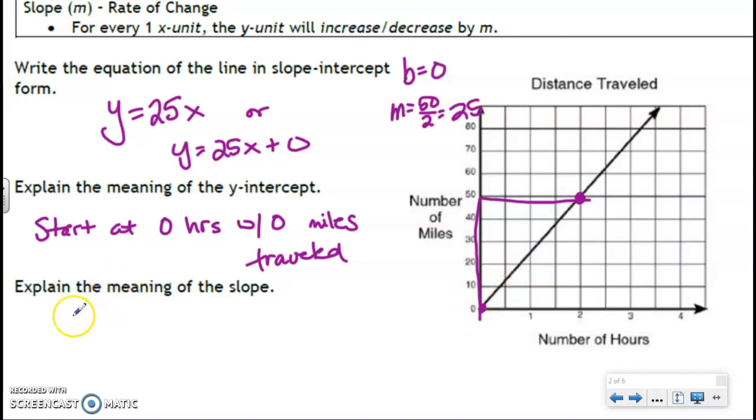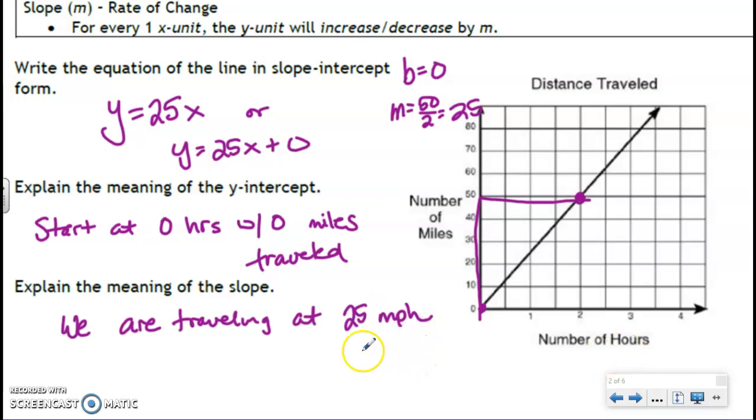Okay, so we are traveling at 25 miles per hour, or 25 miles each hour. Either one of those would be the same thing.